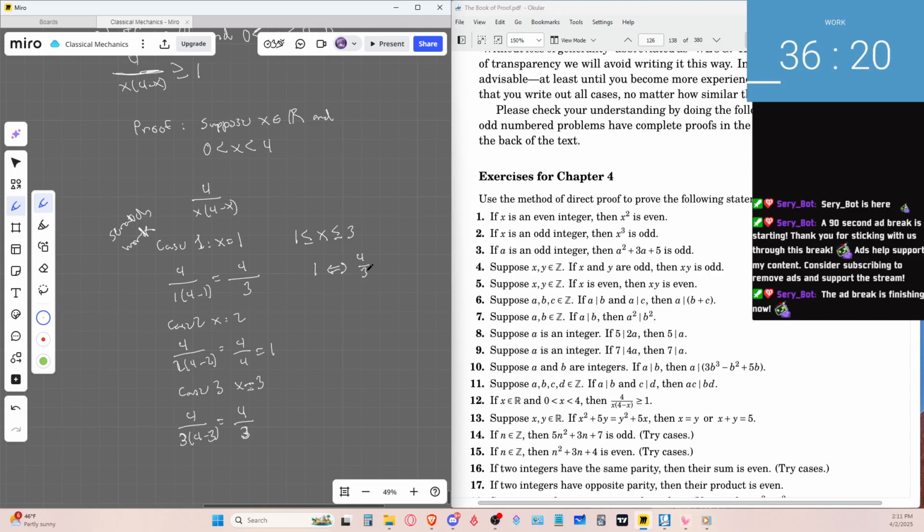So 4 divided by 0. It seems like it's going closer to 0.